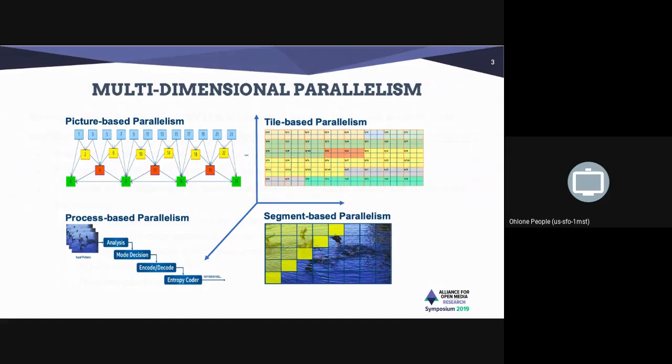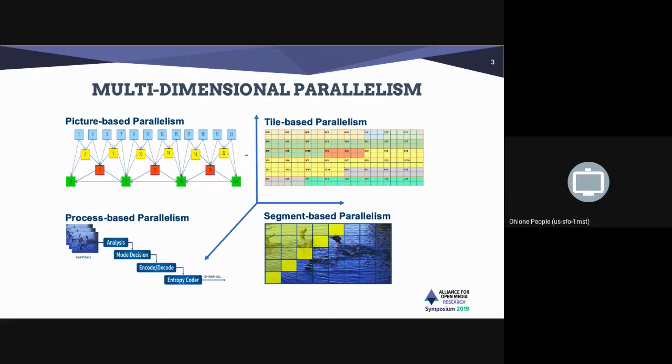SVT uses many forms of parallelism, such as picture-based parallelism, tile-based parallelism, as well as process-based parallelism, which involves the splitting of the encoder operation into independent sets of operations, namely analysis, mode decision, encode and decode, and entropy encoder.